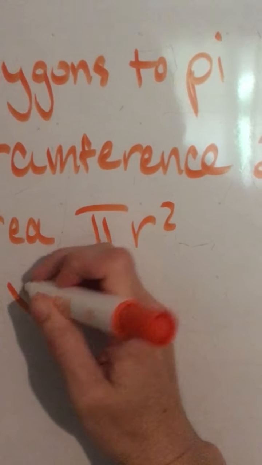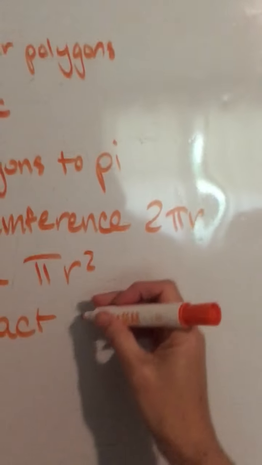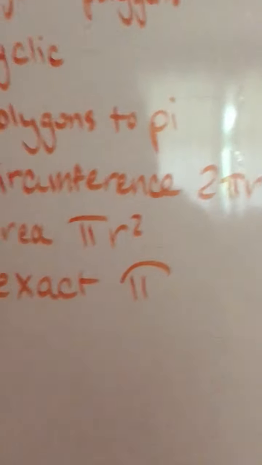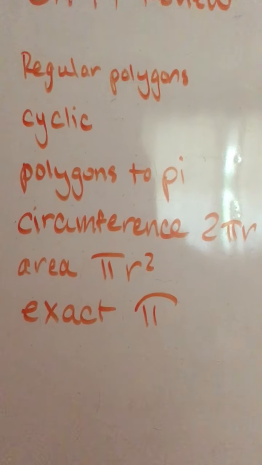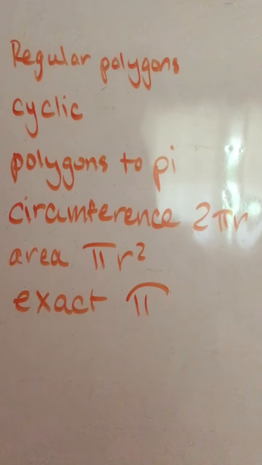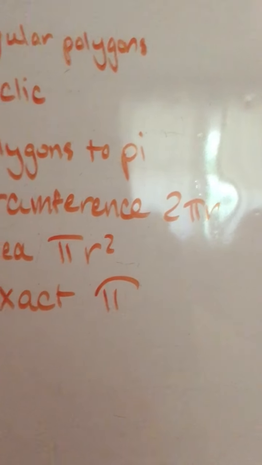If I ask you for the exact area, that means you're putting it in terms of pi. You're not rounding it off to 3.14 or something like that. So exact means give it in terms of pi.